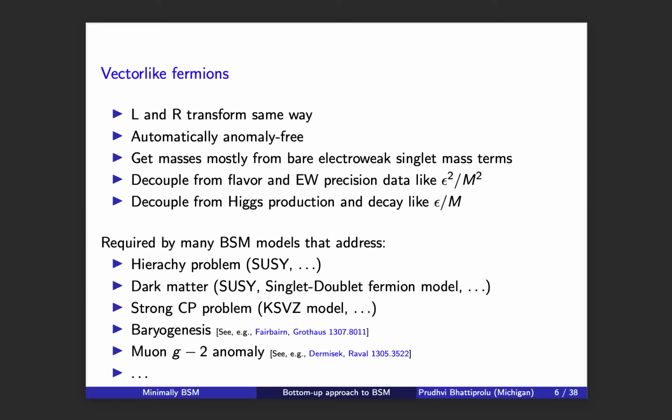I'll just take a phenomenological approach. The term is preserving the gauge symmetry, so I can write down the term and there's no problem with it. The only constraints would be from the experiments. As long as they are in line with the experimental constraints, there is no issue in having whatever mass we like.